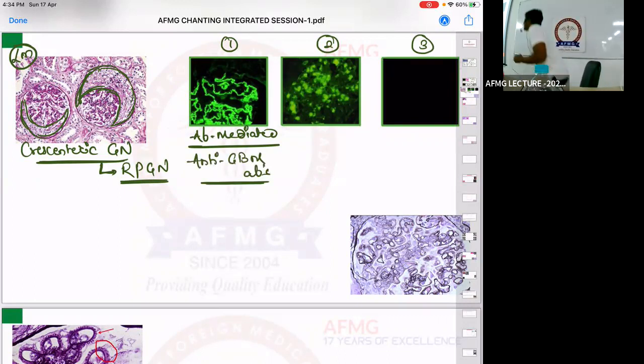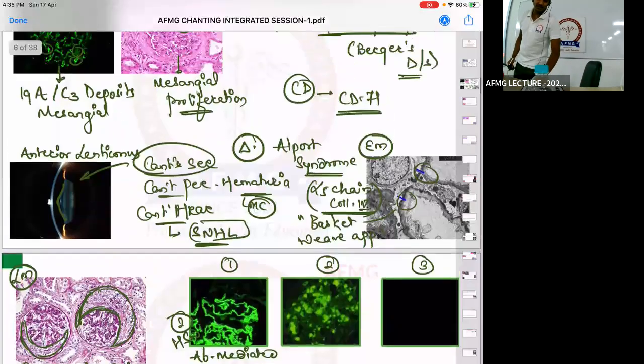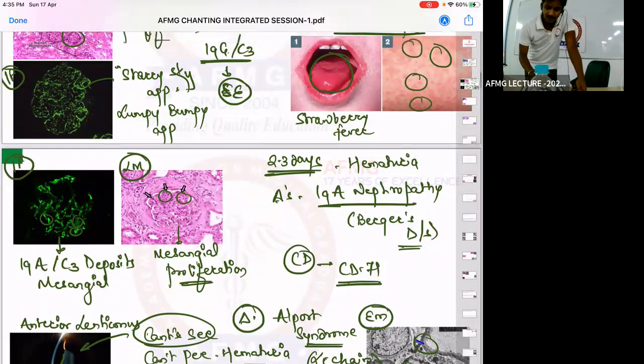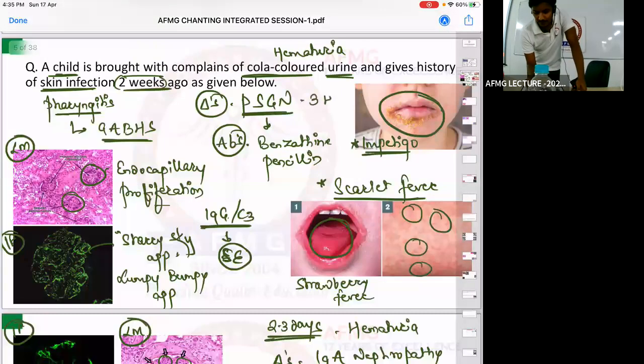As it is antibody mediated, which type of hypersensitivity is it? Type 2 hypersensitivity. Whereas in cases of IgA nephropathy or PSGN, there was deposition of immune complexes, so that means it is type 3 hypersensitivity.